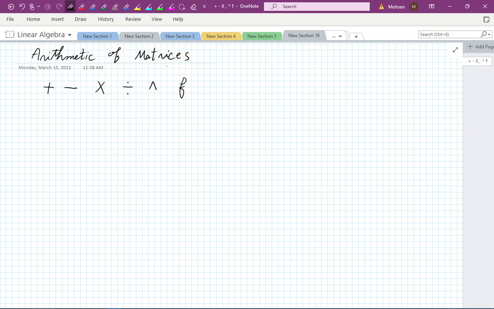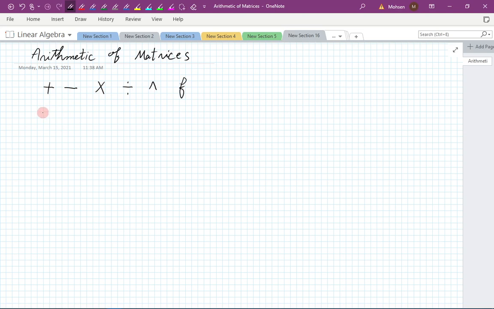As we are going to see, the first two operations are not going to give us any challenge at all, just what you might think they are. Addition and subtraction or linear combination is going to be straightforward. And then as we go down this list, the problem becomes more and more sophisticated. And then we are going to add a couple of other operations as well.